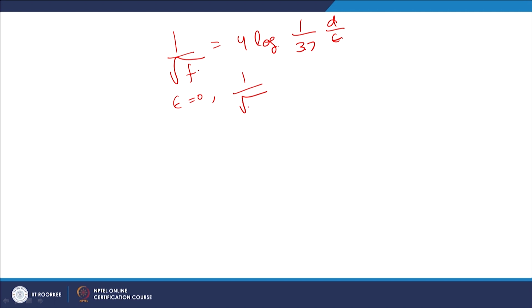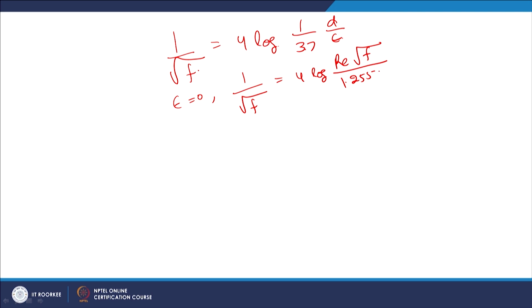Now in the next aspect, we are going to discuss fully developed flow. For fully developed flow, F is independent of Reynolds number. So 1 upon root F is equal to 4 log of 3.7 D upon epsilon. Now if we take the smooth pipe, which we have enlisted previously, for a smooth pipe epsilon is equal to 0. So 1 upon square root of F is equal to 4 log of Re root F upon 1.255.